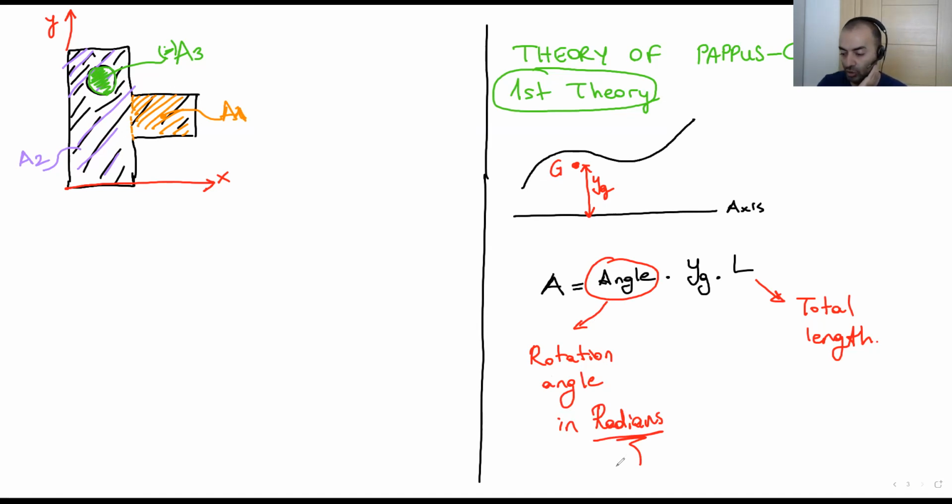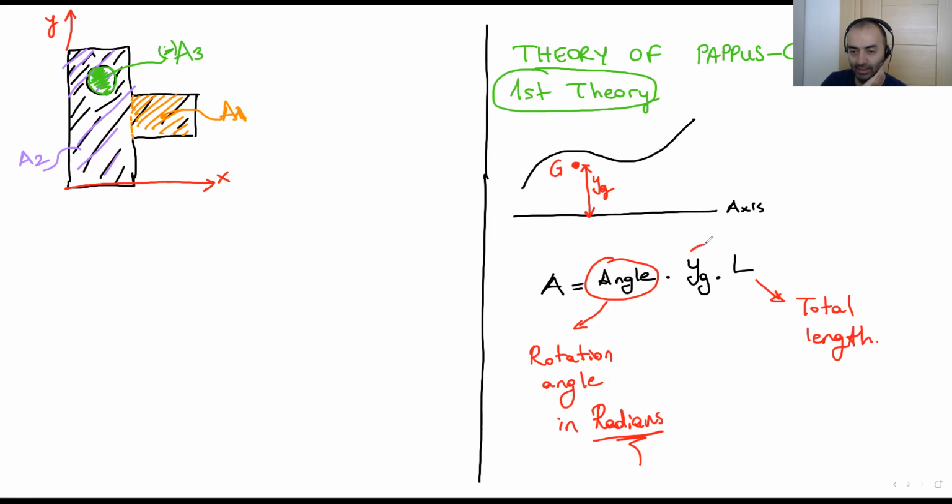YG. If we know the center of gravity, the centroid point, I need the distance between this point G and the rotation axis.